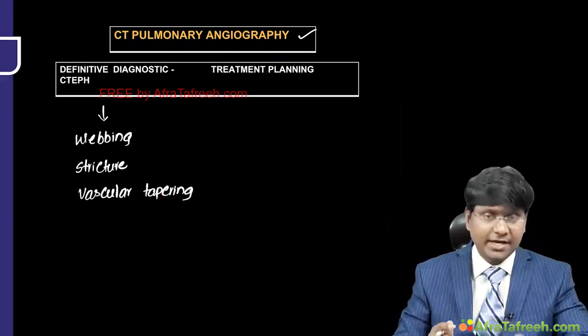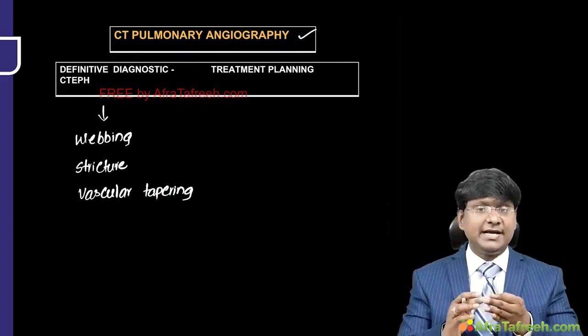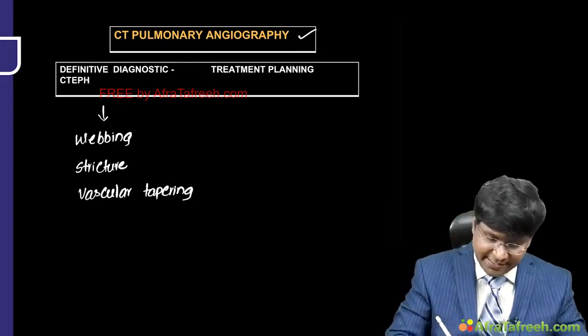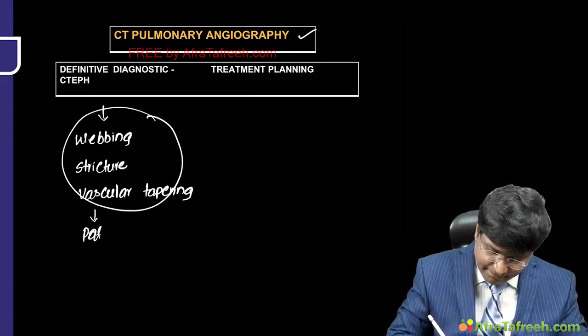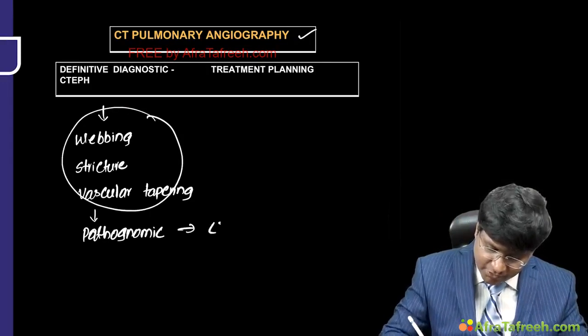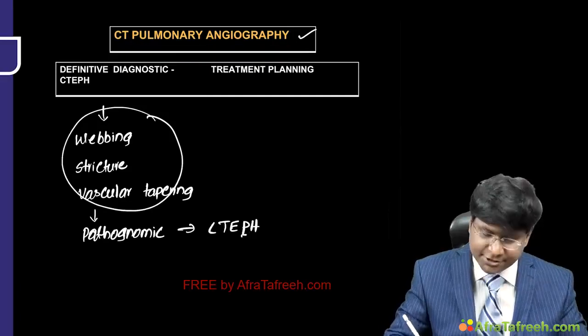Okay, webbing, stricture, as well as the tapering pattern. If these are present, remember they are pathognomonic for chronic thromboembolic pulmonary hypertension.